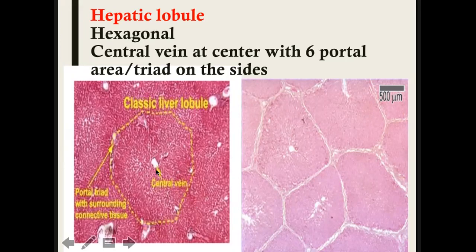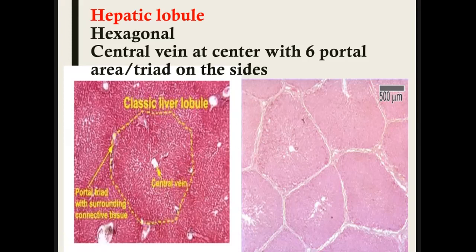On the left side of the screen, you can see that at the center of this hepatic globule is the central vein with 6 portal areas or portal triads. On the right side of the screen, this is the central vein, and there are 1, 2, 3, 4, 5, and 6 portal areas or portal triads on the sides.